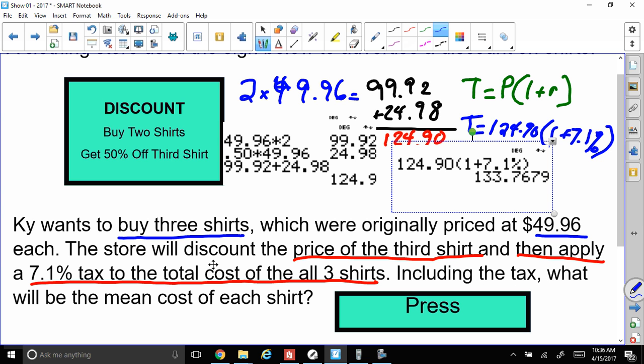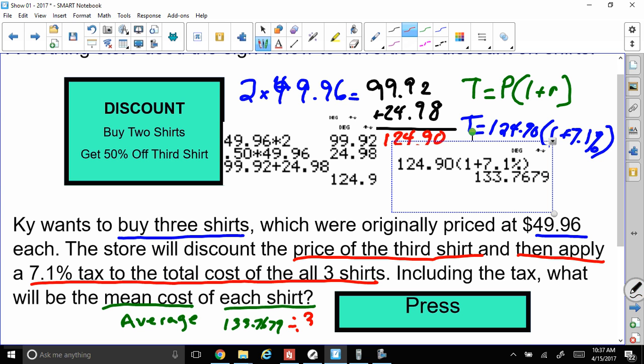What would be the mean cost? Mean cost. If you remember mean, that means the average cost of each shirt. Well, there are three shirts, so I'm going to take the 133.7679 and divide it by 3.